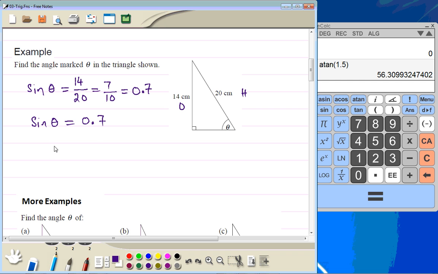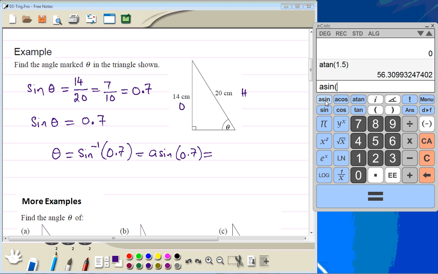If you want to work out the angle theta, we have to do the inverse sine. So sine inverse 0.7. It's the same on our calculator, where we write a sine 0.7, and we get the answer.